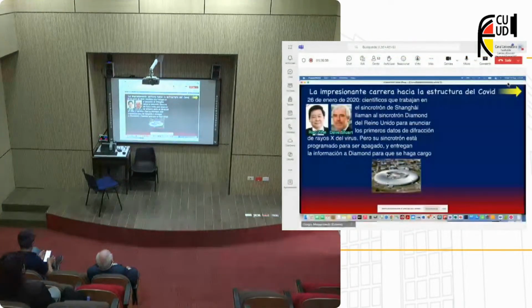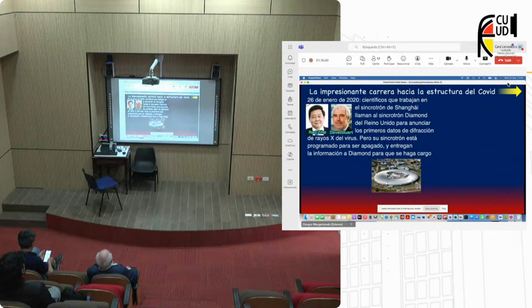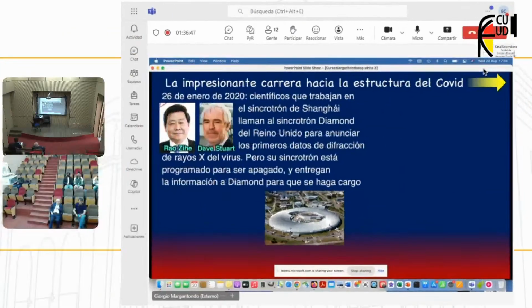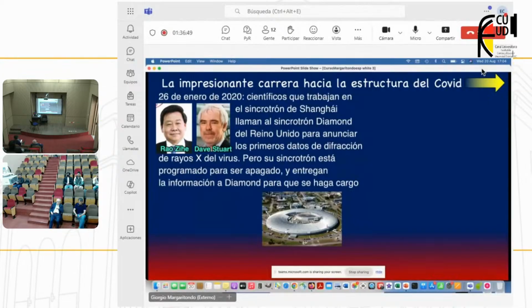On January 26 of 2020, which was the first period of the pandemic, there was a phone call from the Chinese colleagues in the Shanghai synchrotron to the Diamond synchrotron in the United Kingdom. They had a very important piece of news, that is, they had just obtained the very first structural data on the COVID virus. That was very interesting, but there was a huge problem.